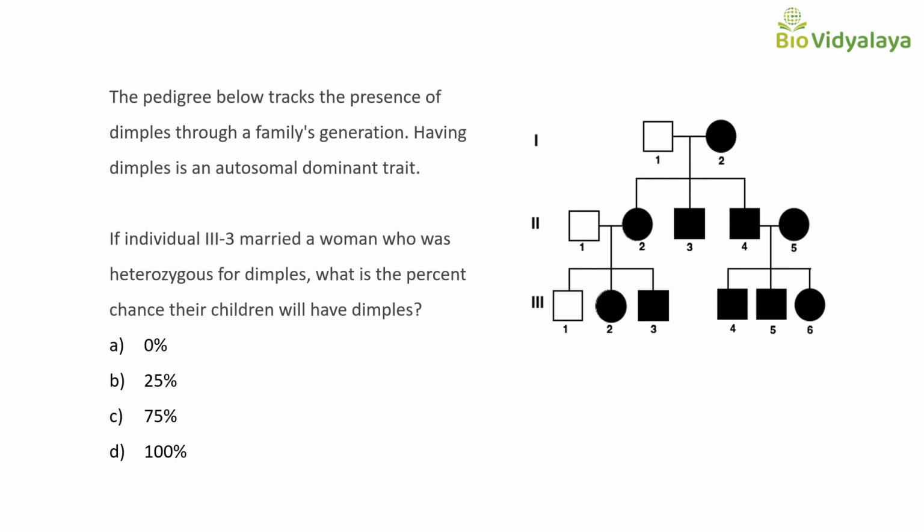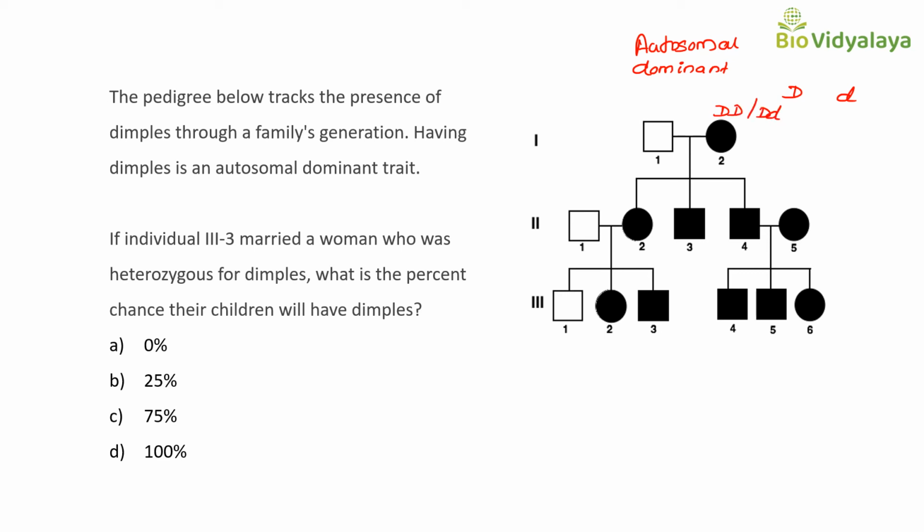We know that this is an autosomal dominant trait. We can represent the dominant allele as capital D and the recessive allele as small d. Here the shaded ones are affected individuals that may be homozygous dominant or heterozygous.